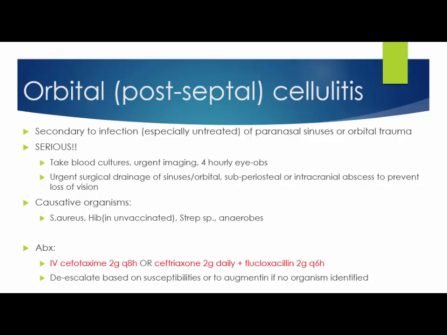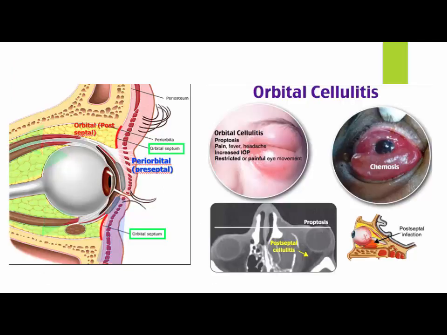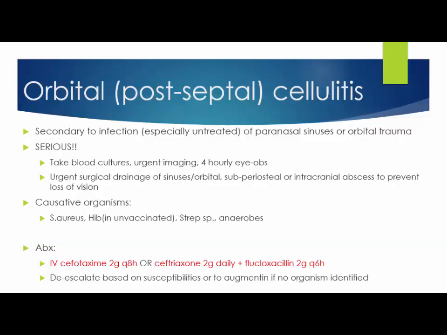So that picture again? It's pretty nasty. So yeah, it can be really, really awful. It can spread from infection in the paranasal sinuses, but it can also be from orbital trauma. And they need 4-hourly eye observations and urgent surgical drainage. They can get intracranial spread and complications. It's really very dangerous. Similar kinds of bugs causing it.